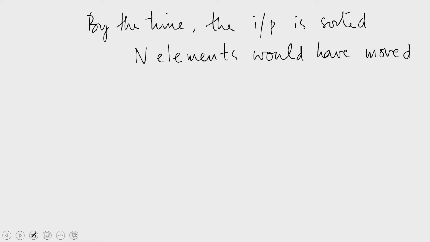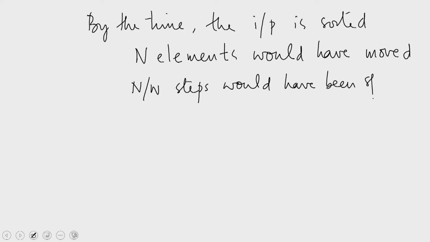Therefore, we would have spent at least n by w steps. So this establishes a lower bound of n by w for sorting.